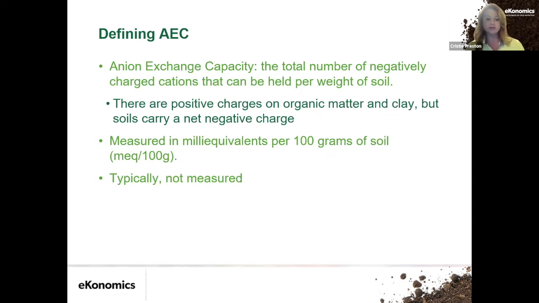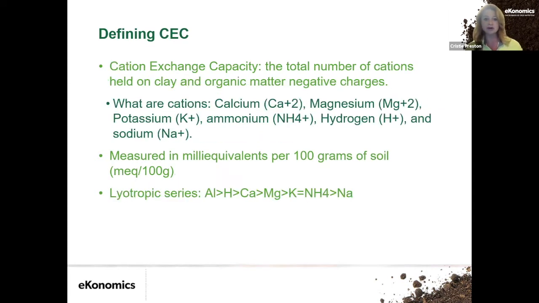We mainly focus on the cation exchange capacity, which is the number of total cations that are held on the clay and organic matter negative charges. And that might be a little confusing because I literally just said that clays have both positive and negative charges. And we'll talk about how pH can affect that.